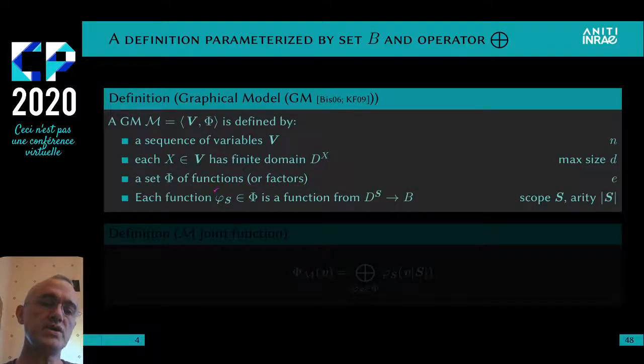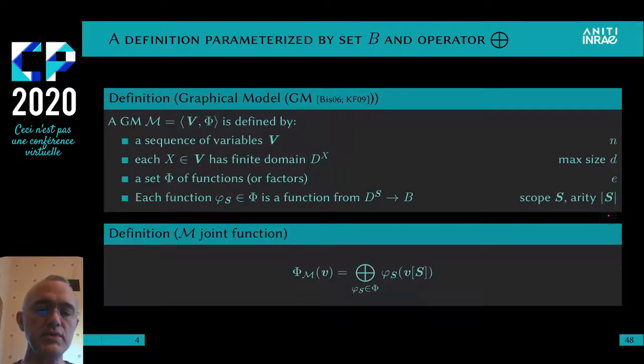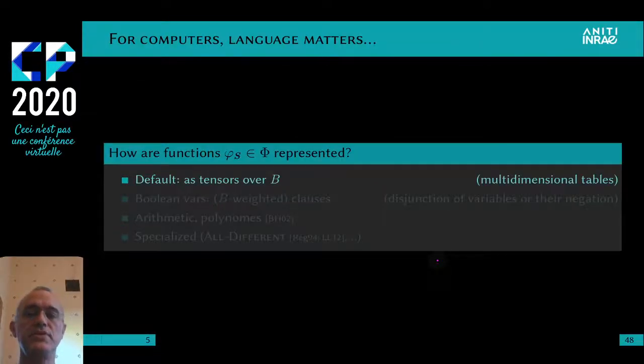Actually, each function is denoted as phi. It has a scope S, which is a subset of V, and it maps tuples to elements of B. And we have the usual notion of scope and arity. And with this, we can define the joint function, which is just a combination of all those small functions. This is a mathematical definition.